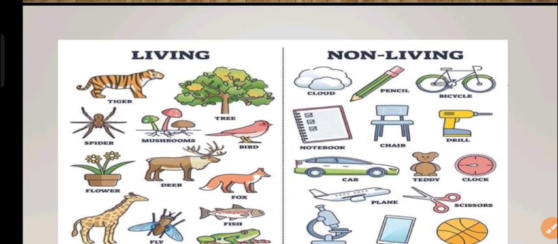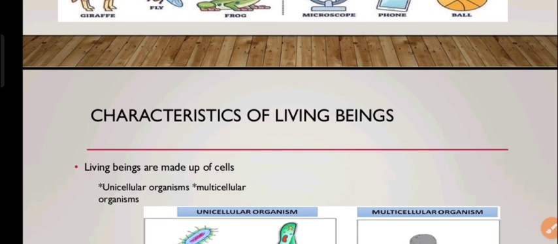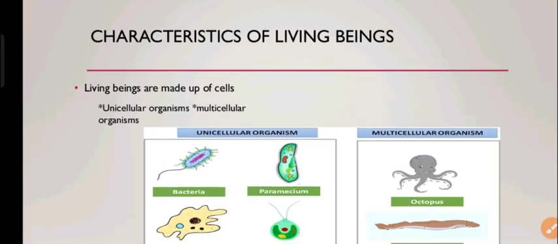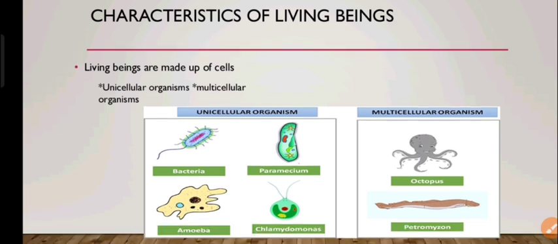Clear? Let's move to the next subtopic, that is characteristics of living beings. What is a characteristic? A characteristic means the quality of a particular individual, by which we can differentiate that individual from others.